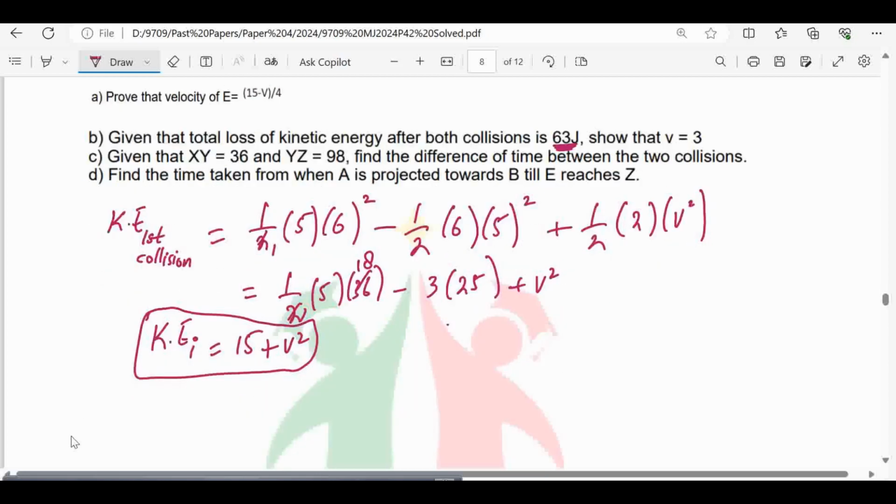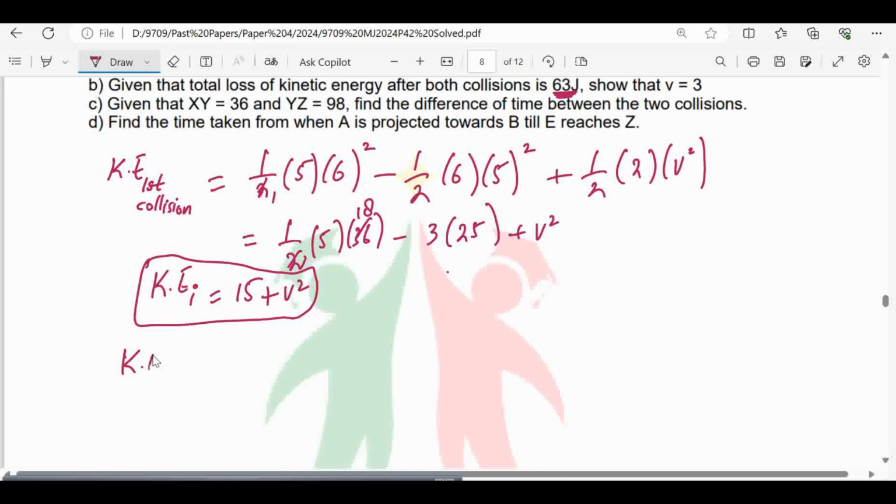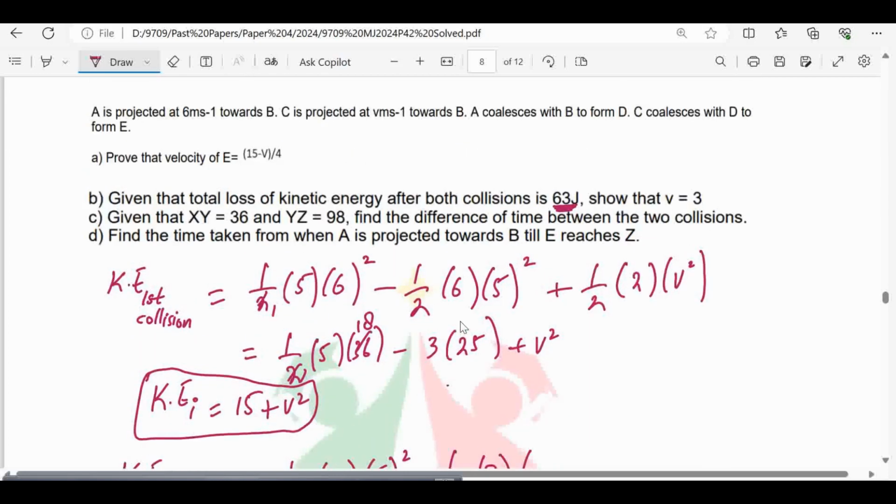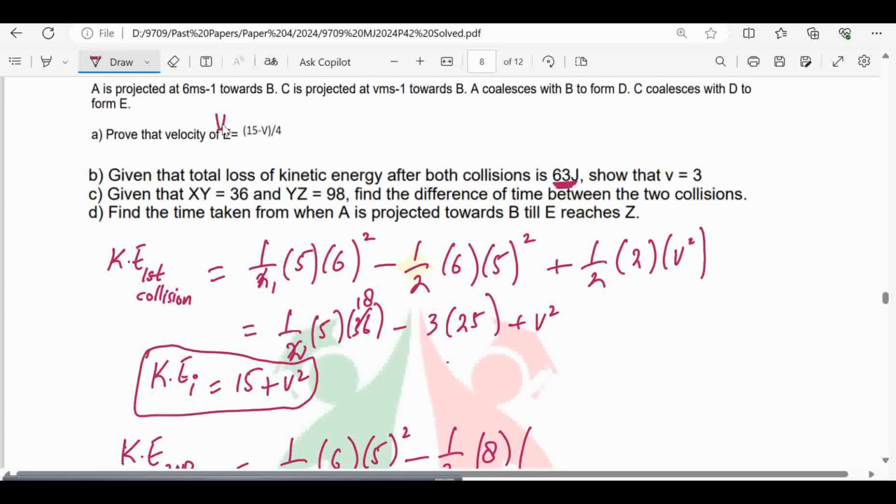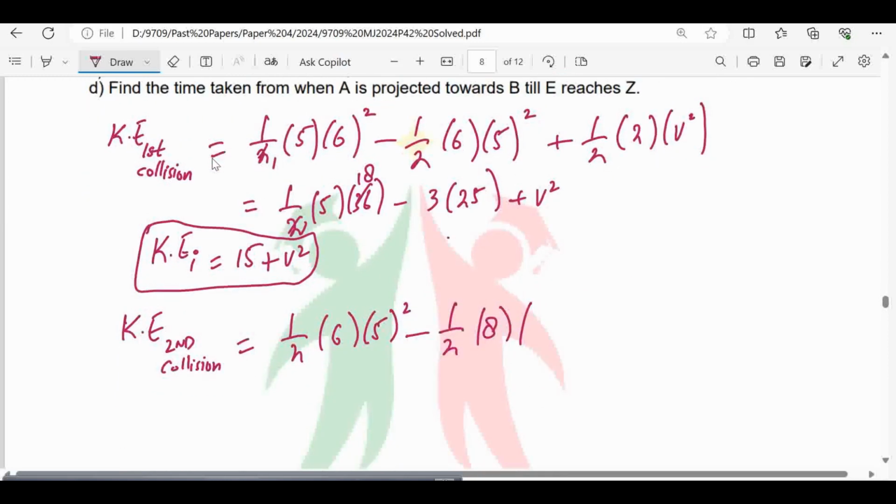Let's see the second one, the kinetic energy after the second collision. After the second collision, what will be the loss of kinetic energy? This will be 1 by 2 into 6 into half mv squared minus 1 by 2 into 8 into v, what was the v? We know that after the second collision this was v, so 15 minus v divided by 4 whole squared.